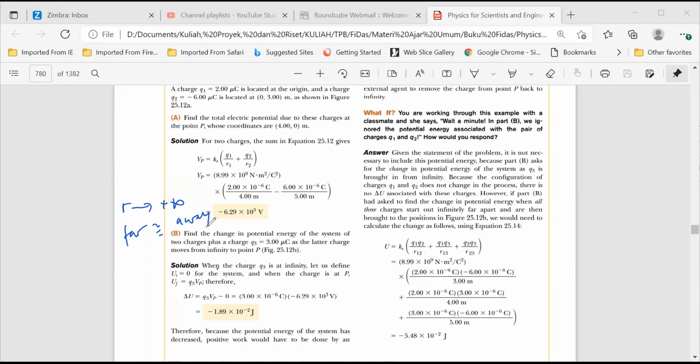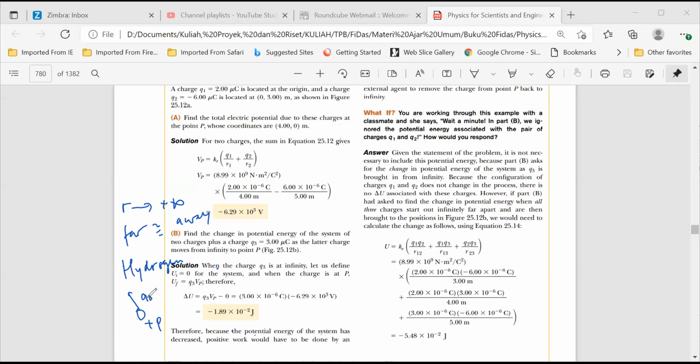For example, for an atom like hydrogen, we have only a proton at the nucleus, and the radius we call the Bohr radius, a0.